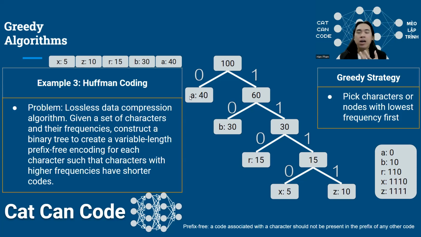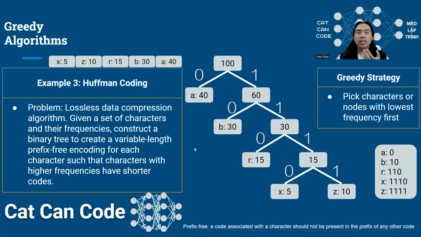This character appears very frequently, so it has the shortest code. The next character is letter B. Letter B code is 10. Letter B is the second most frequently appearing character, so it has the second shortest code, which is 10.